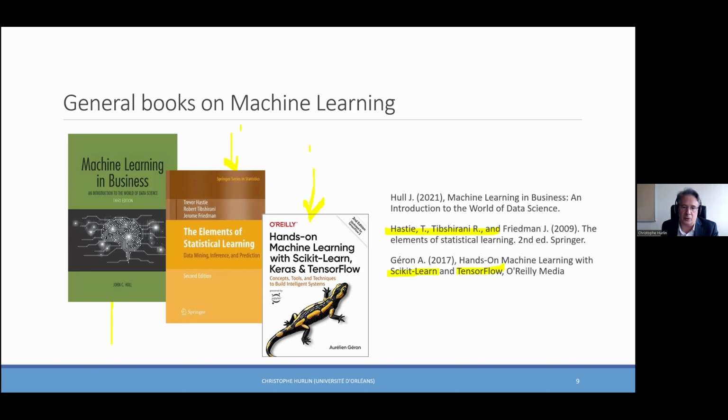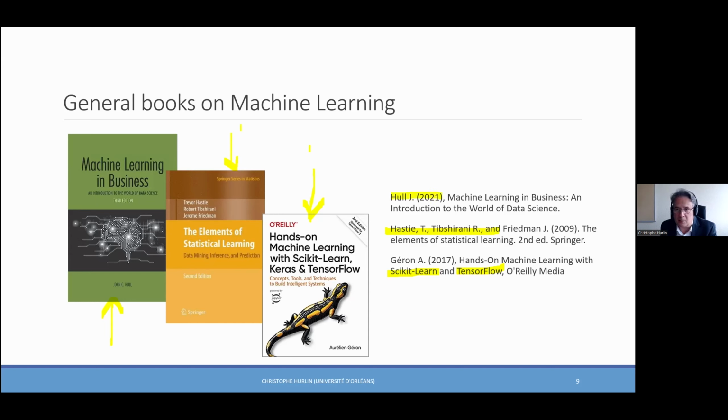And you have also here a book that I recommend to you if you just want to understand the advantages for the economic analysis of the main machine learning algorithms. So there is no mathematical discussion. There is no implementation with Python. There is just a discussion about the advantages and limits of the use of some machine learning algorithms in economics and finance.